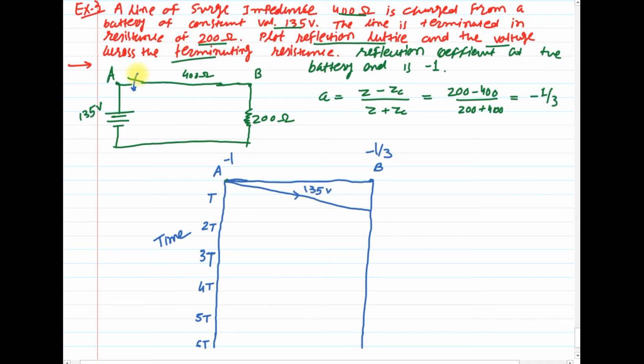After closing the switch, the 135 volt will travel through this transmission line as a traveling wave of voltage, and reach the end of the transmission line, or I can say point B.